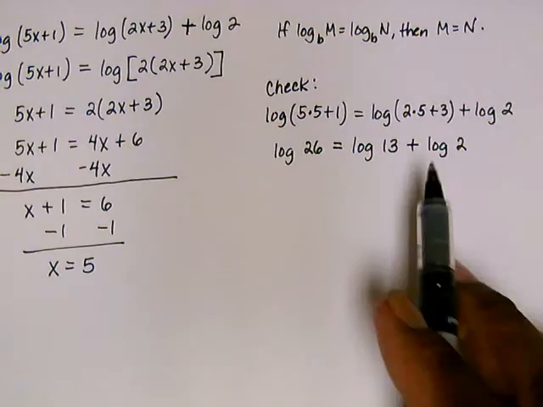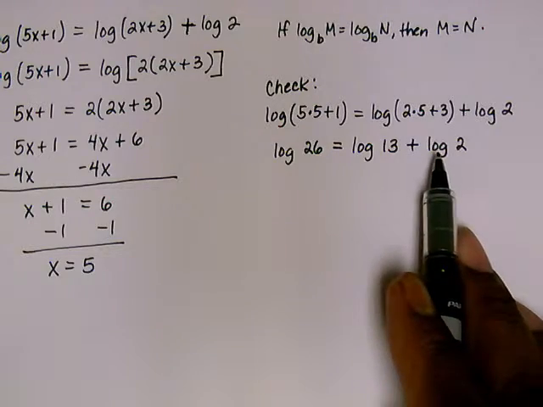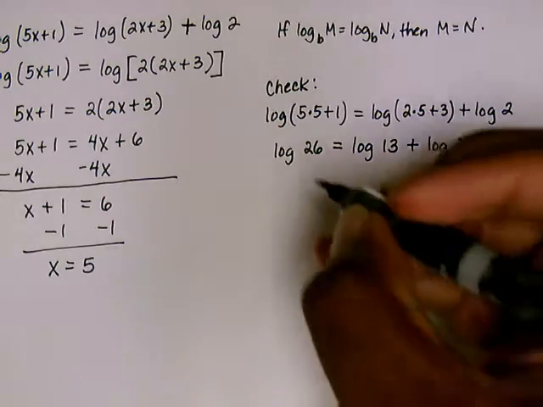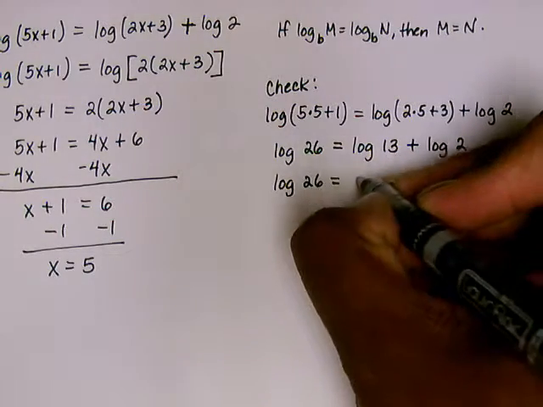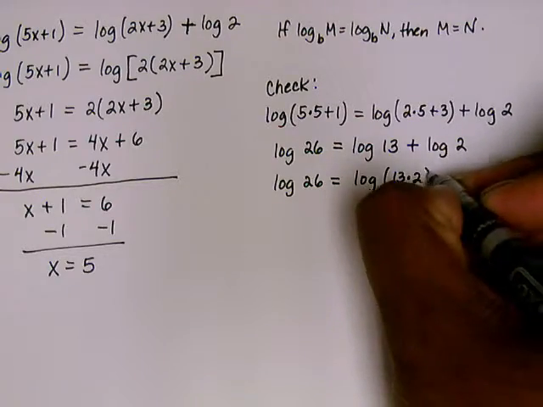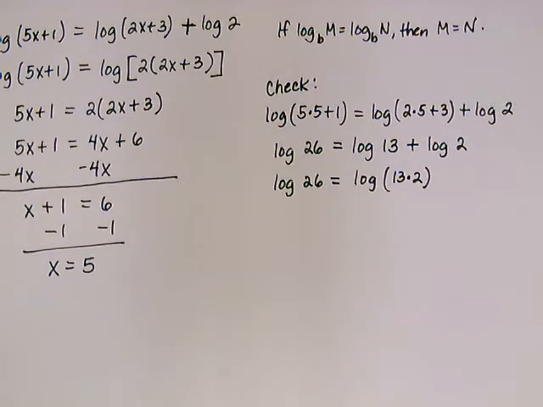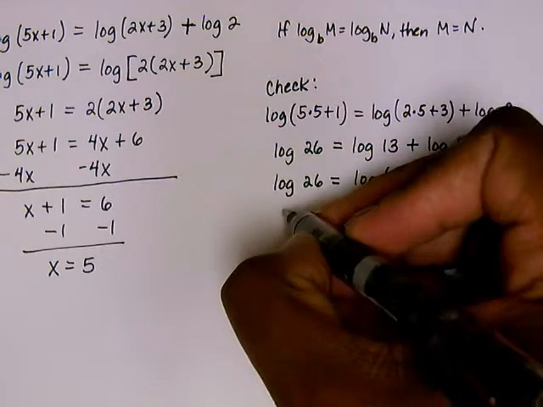And I'm going to apply the product rule on the right side. The sum of their individual logarithms is the log of the product. So, bring down log of 26 and then condense that as log of 13 times 2. And then if I do 13 times 2, I'm going to get 26.